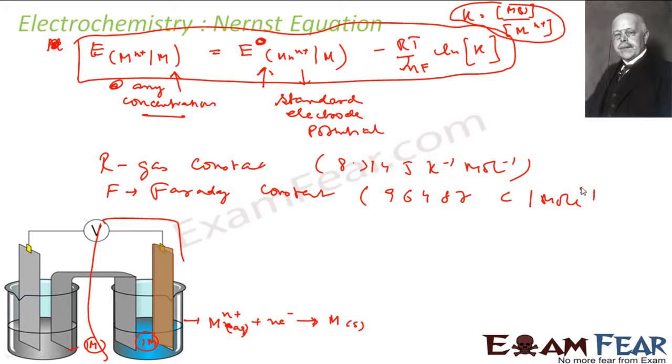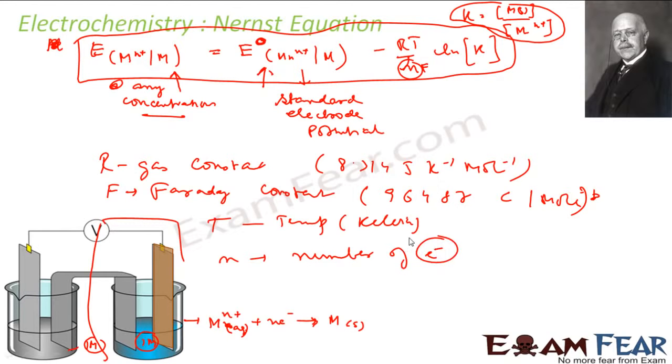And T is my temperature in Kelvin. And this is my concentration term, K is my equilibrium constant, and n is my number of electrons which are getting exchanged.